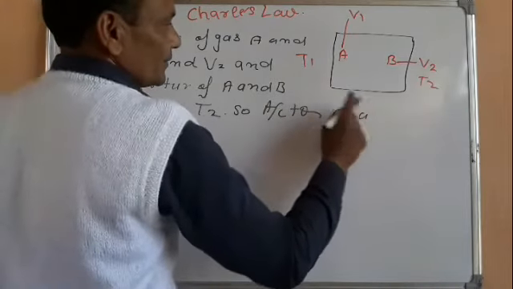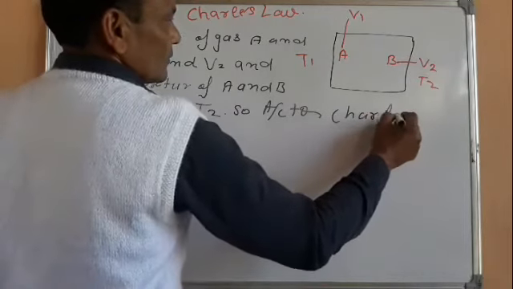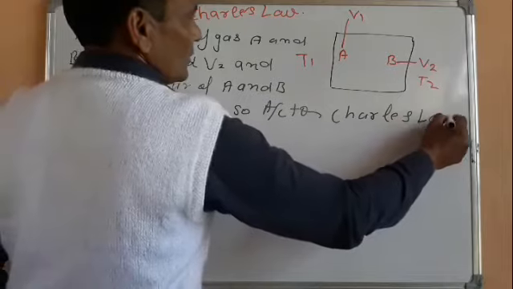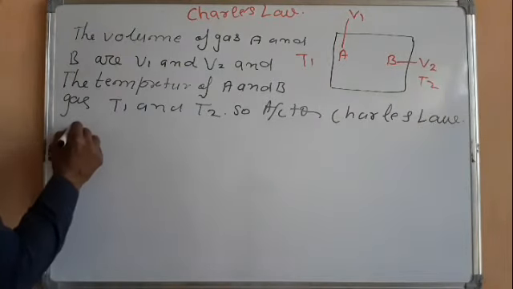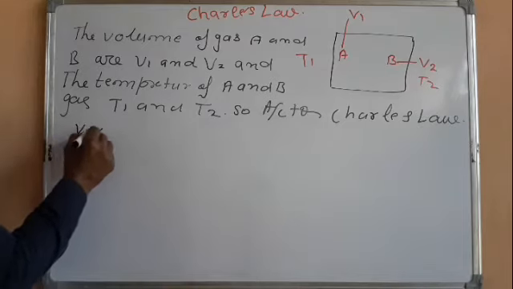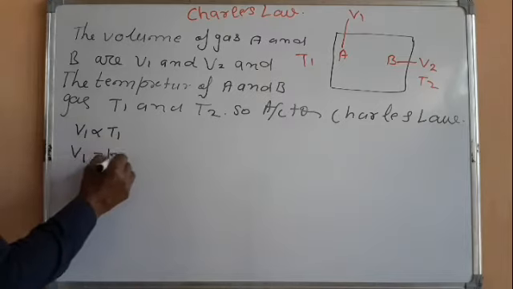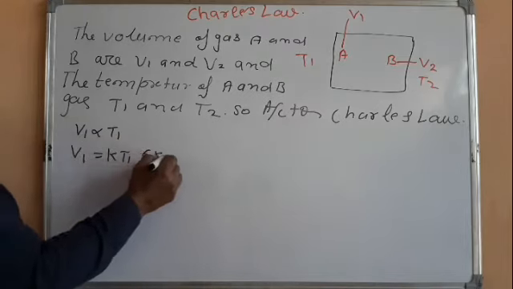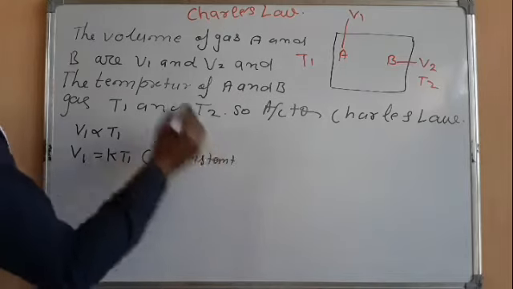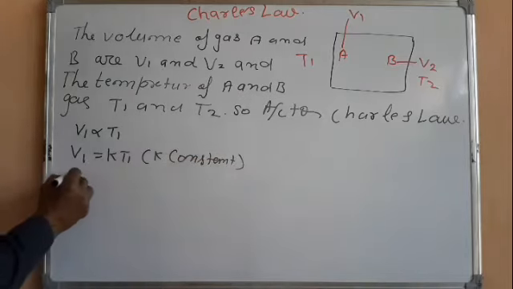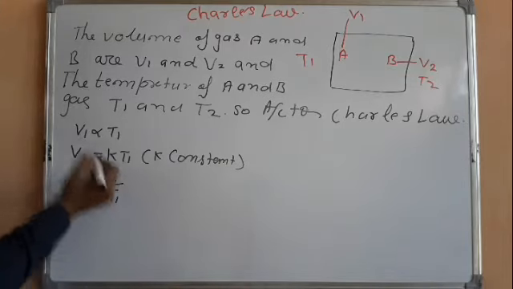So according to Charles law, firstly, for the first gas V1 is proportional to T1, V1 is equal to K T1, where K is a constant, and K is equal to V1 upon T1.